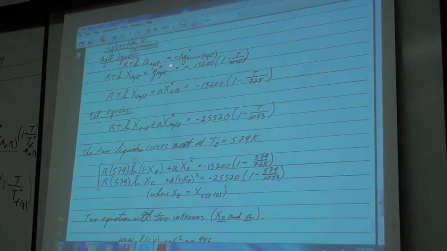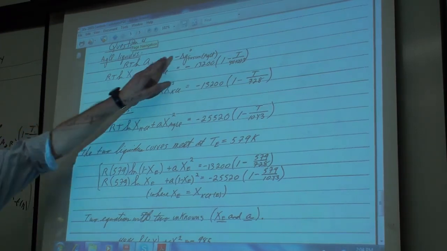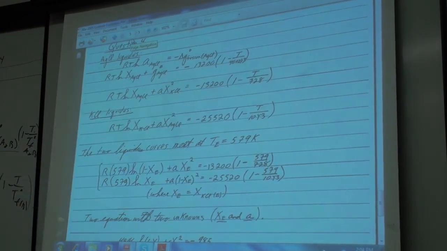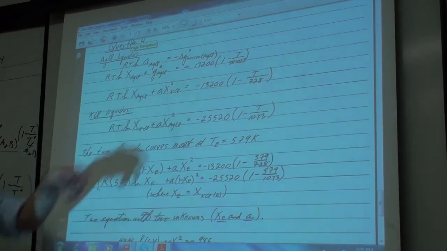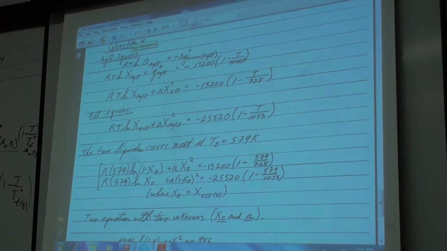RT log activity is minus the Gibbs energy of fusion. This is the second term, minus RT log of this in the solid, is 0 because the solid is pure silver chloride. RT log X plus GXS is minus 13,200 times 1 minus T over T fusion. Again, here I'm assuming that the heat of fusion is independent of T. And the excess Gibbs energy of silver chloride: since the integral GXS is A X1 X2, GXS of 1 is A X2 squared.